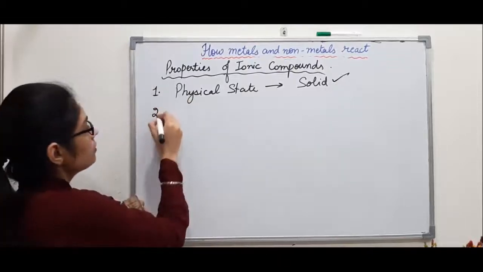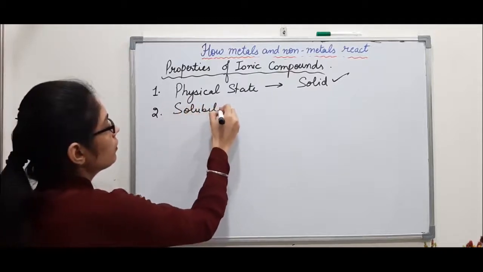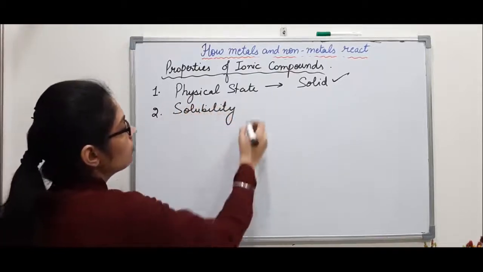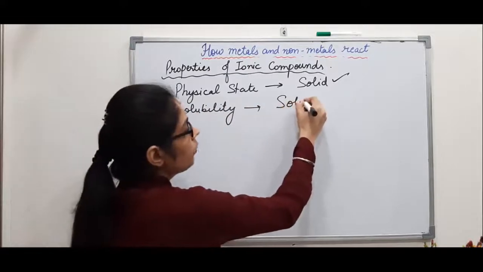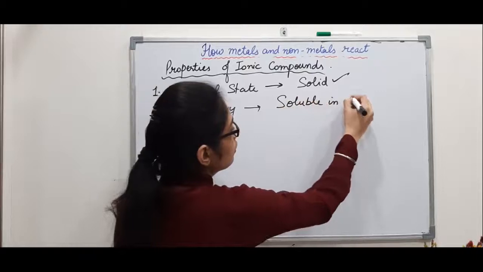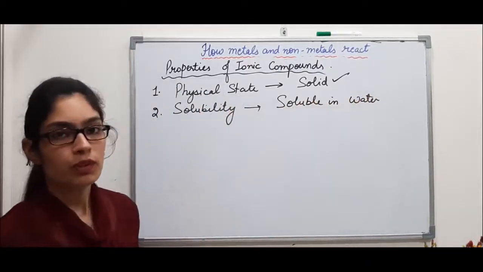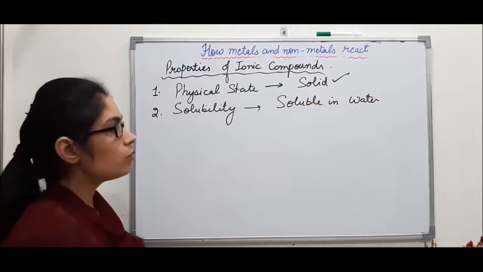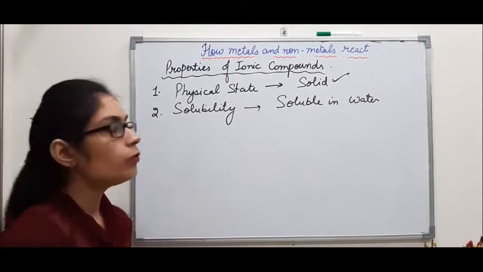Then second is solubility. Ionic compounds are soluble in water. You can just take the example of sodium chloride. Just try to dissolve it in water. You can easily dissolve sodium chloride in water.